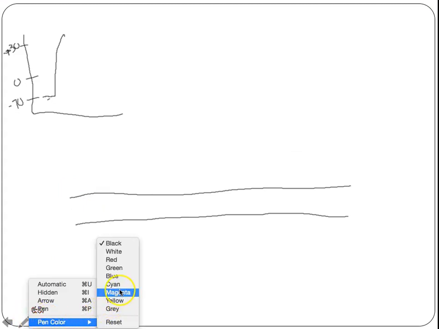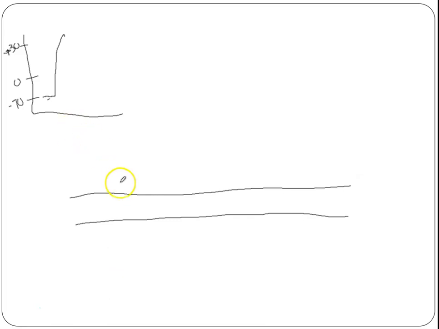We have another ion channel we haven't talked about yet. Let's see what's a good color. Maybe blue. So we have another channel. It also has a voltage gate on it.